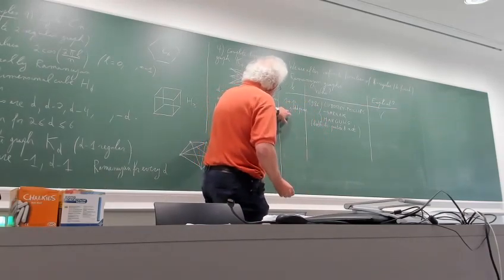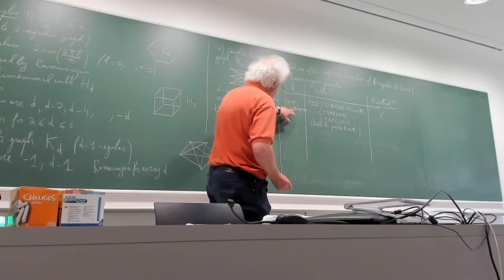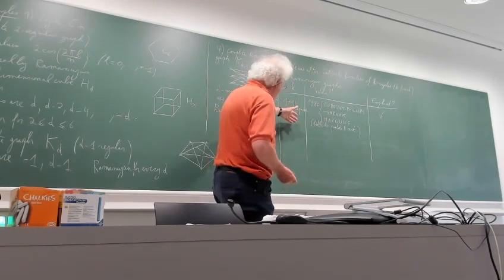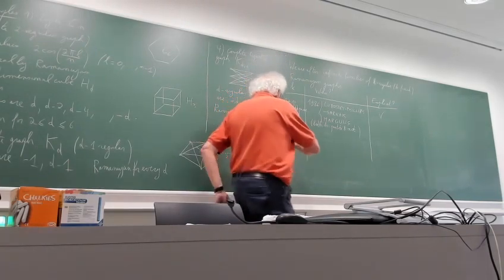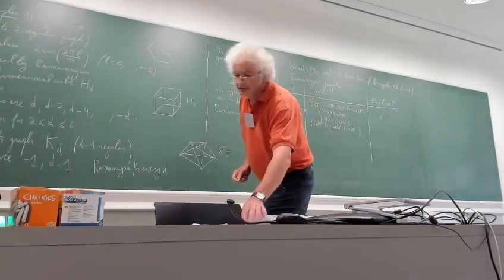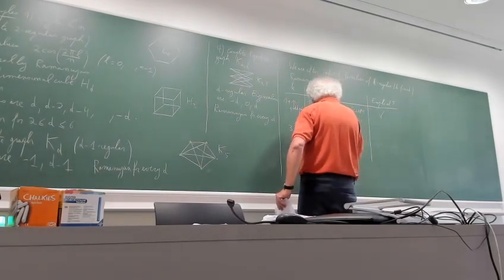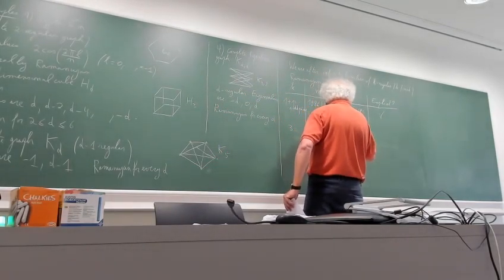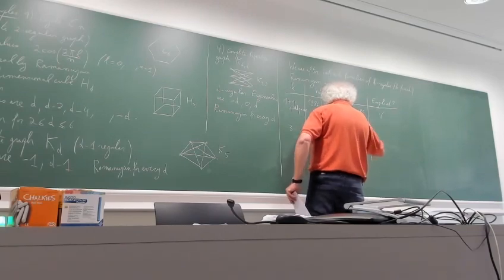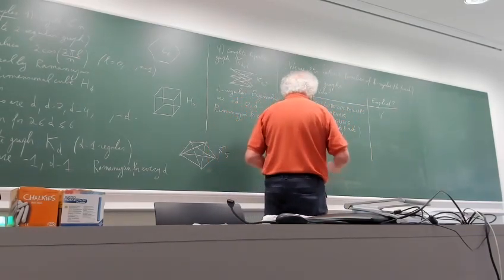Shortly after, Patrick Chiu treated the case of the oddest prime, which is p equals 2. So he treated the three regular graphs, and that was in 92, I guess. And again, both bipartite and not bipartite.